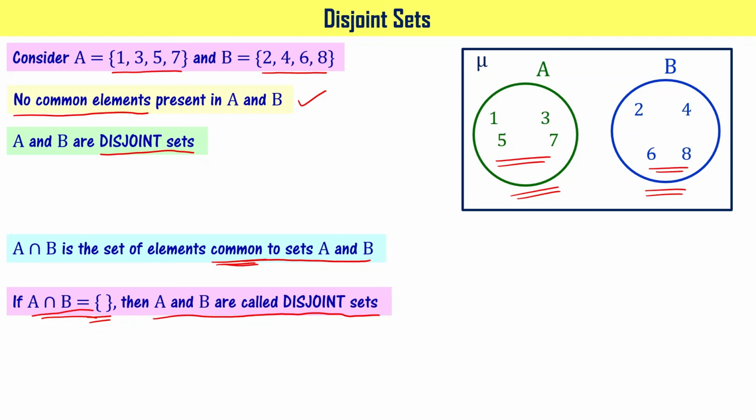Please note this: disjoint sets have no common elements. So when we solve the given problems, we first have to see whether the given sets have common elements or not. With that concept in mind, let's go back to the problems.